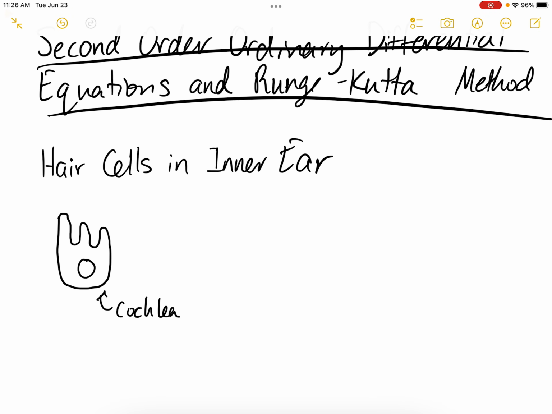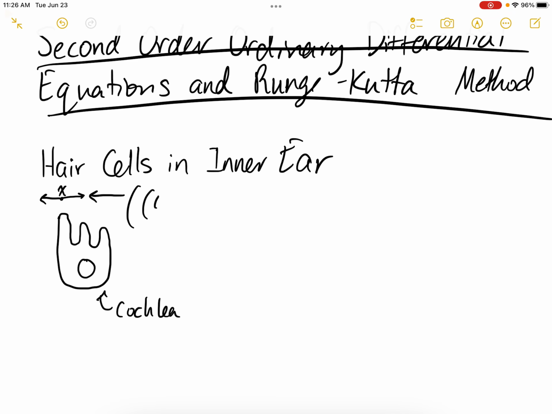So basically what happens is these are in your inner ear, and as a sound comes in, the fluid basically makes these very specialized cilia move. Let's say they move some distance x from their original location, right?